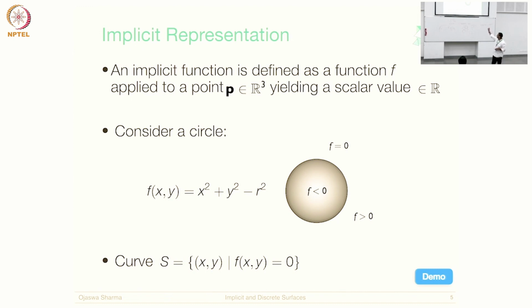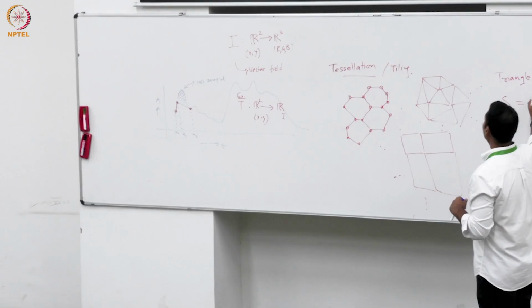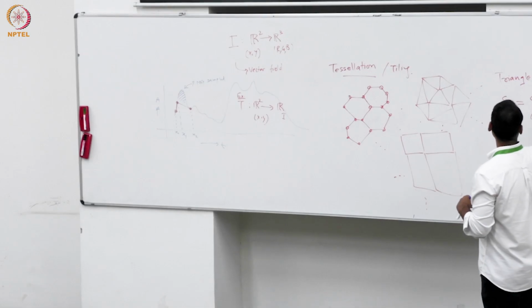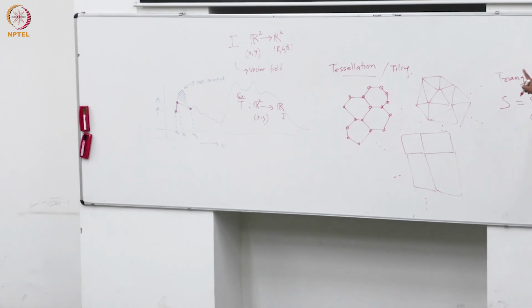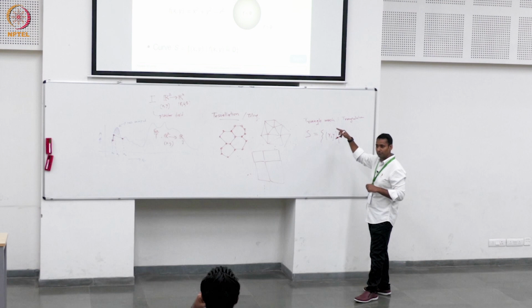This is called the 0th level set of this implicit function. And if I put a k there, that's going to be called the kth level set of this implicit function. I'll write that here. So if you have S equals the set of (x, y) such that, everybody can read this notation. Anybody who has difficulties in reading, please let me know.